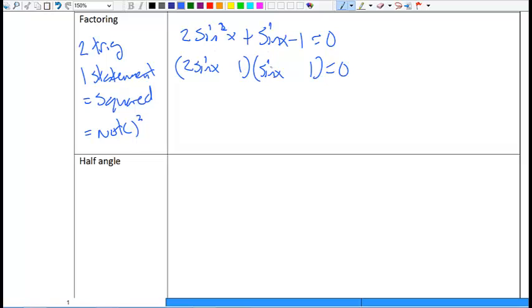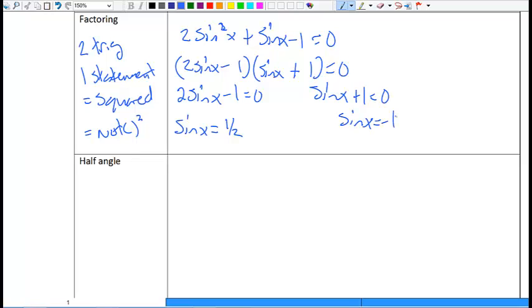So the bigger thing is going to be positive, so 2 sine x minus 1, because that piece has to be negative, and sine x plus 1. Then I can take each of these binomials, set it equal to 0 and solve. 2 sine x minus 1 equals 0, and sine x plus 1 equals 0. So this will eventually give me sine x equals 1/2, and this will give me sine x equals -1.